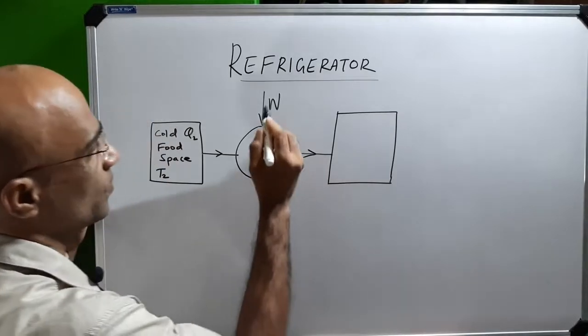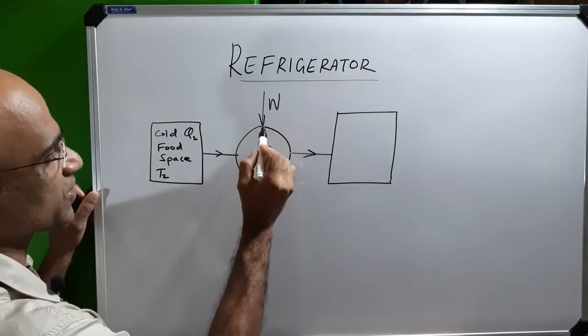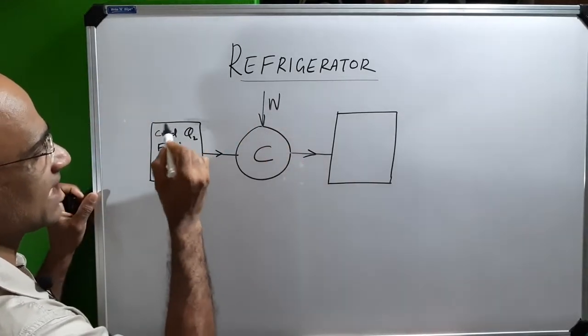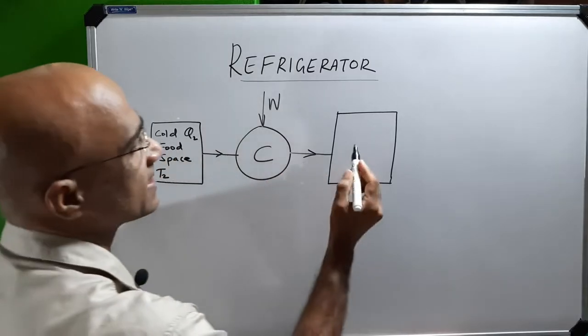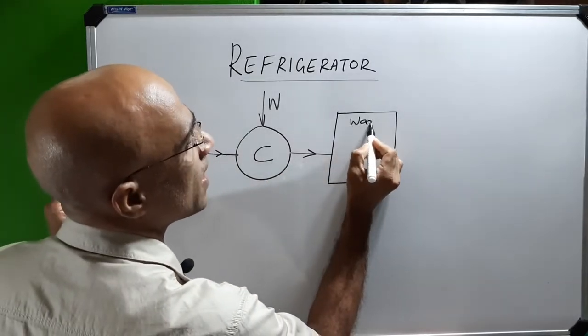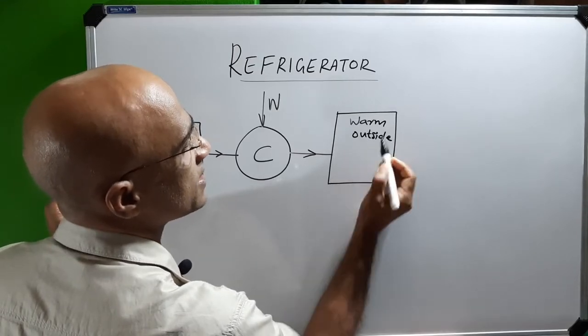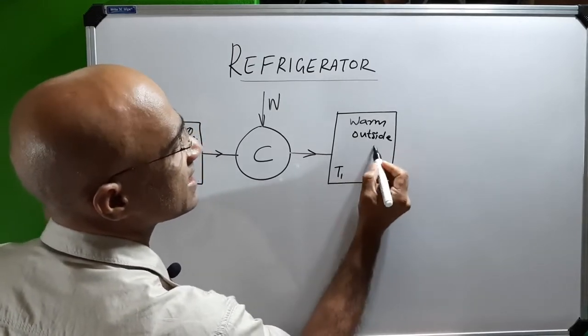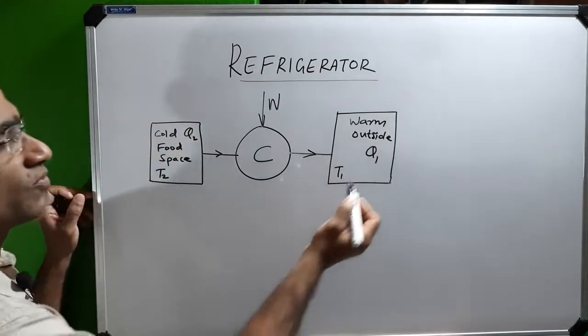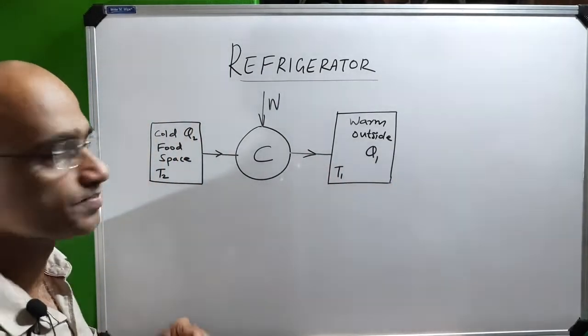So the heat of compression as well as the heat that is absorbed from the cold space is sent out to the warm outside, which is at a temperature T1. And the heat that is sent out, let us call it Q1.